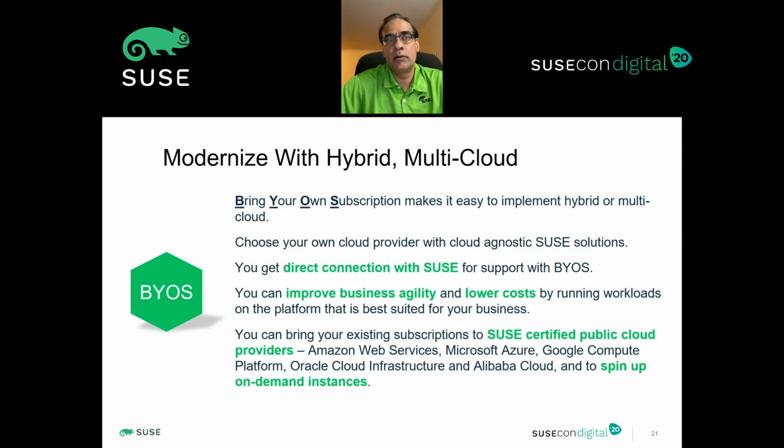SUSE is pretty much cloud agnostic in terms of all the products that are supported. So you can choose whether it's Azure, AWS, or Google, or Oracle, or any of your other cloud vendors which are supported. Because the idea is not to get stuck with a cloud provider, but to give you the multi-cloud or the cloud implementation, so you can focus on your workloads and getting your applications to the best optimal point.